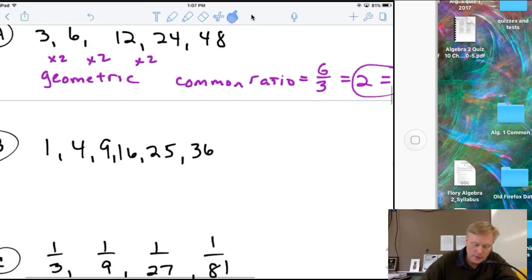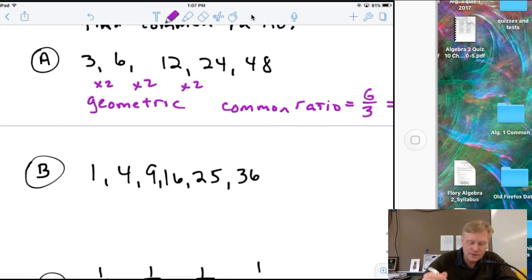Okay. Next one. 1, 4, 9, 16, 25, 36. So this was trickier. There's a couple ways you could have gotten this. To go from 1 to 4, I'm adding 3. 4 to 9, I'm adding 5. 9 to 16, I'm adding 7. Sorry, I messed that up.